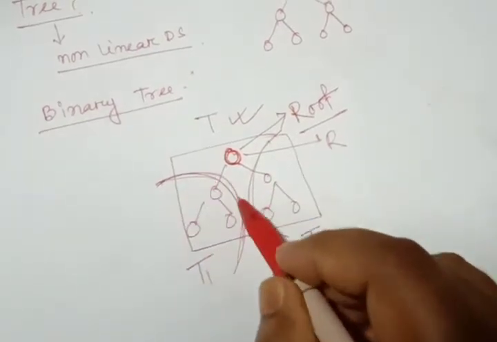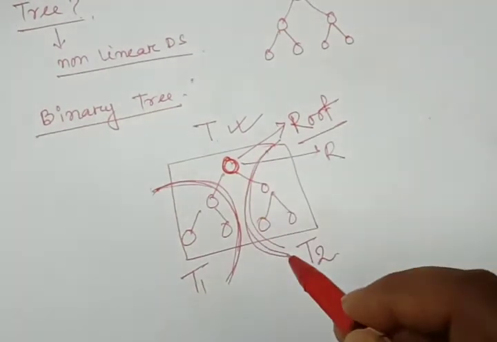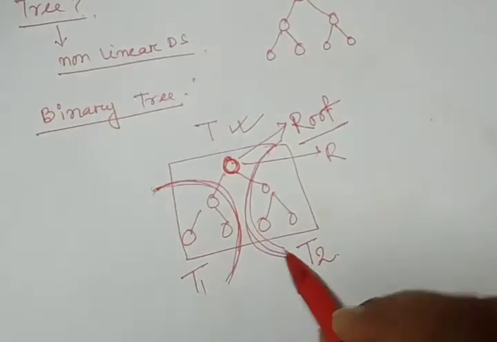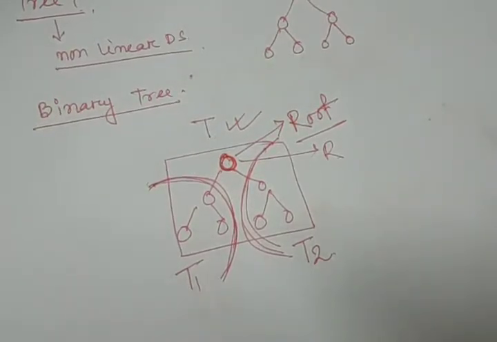So this tree also denotes a binary tree, and this tree also denotes a binary tree. So this is a binary tree. It contains a distinguishable node, root node, along with other nodes.